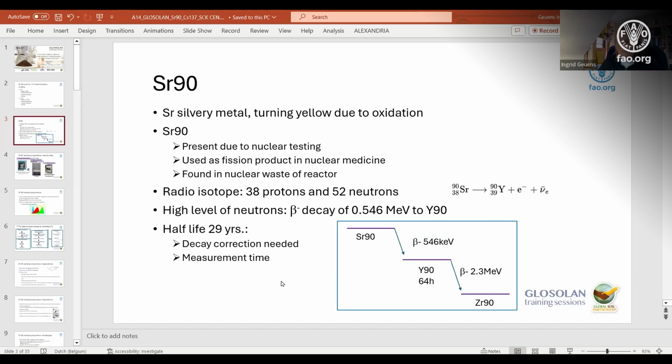Let's give them a little bit more chance for the question and the translation. How does protection need to be done for beta emitters? Yep. So the beta emission goes along with an electron and some energy.